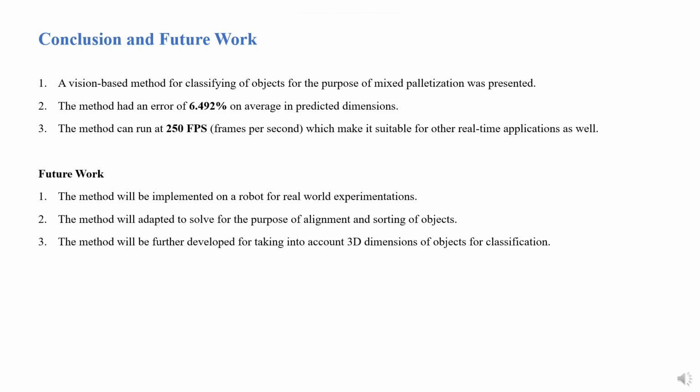In conclusion, a vision-based approach for calculating the dimensions of an object and classifying them from an image taken from a 2D camera for the purpose of automatic mixed palletization was presented. The algorithm had an error rate of 6.492% on average and ran at 250 frames per second, which makes it suitable for other real-time applications as well.